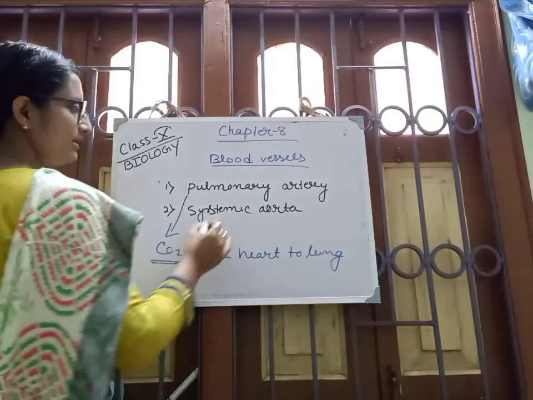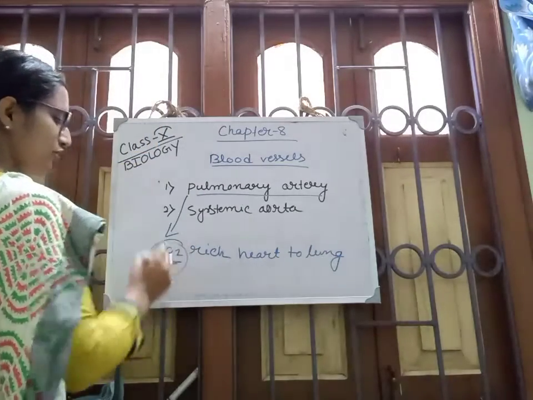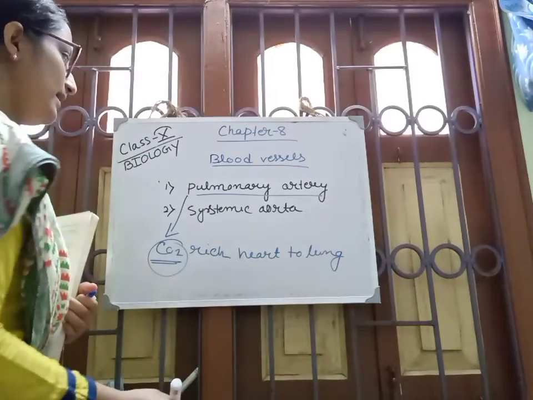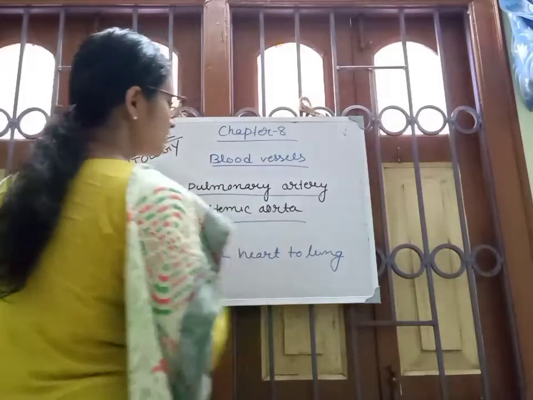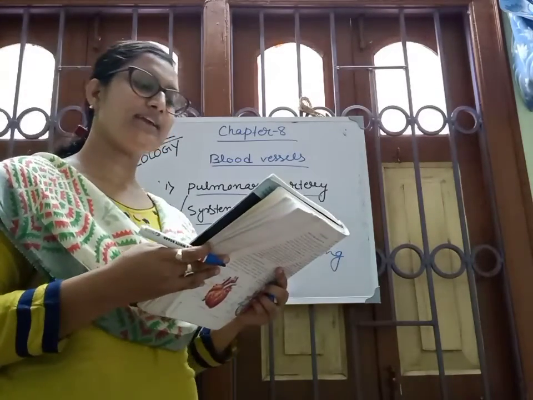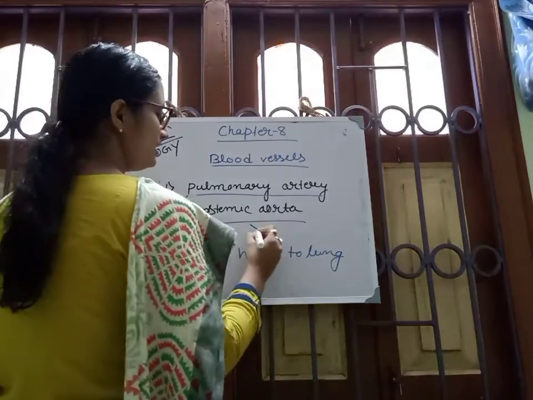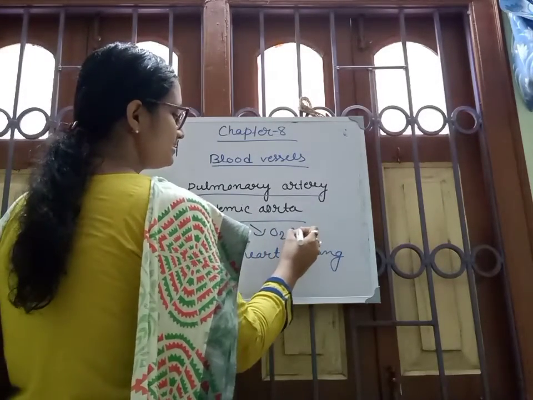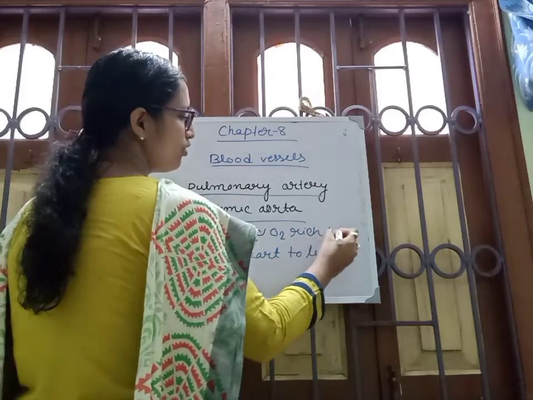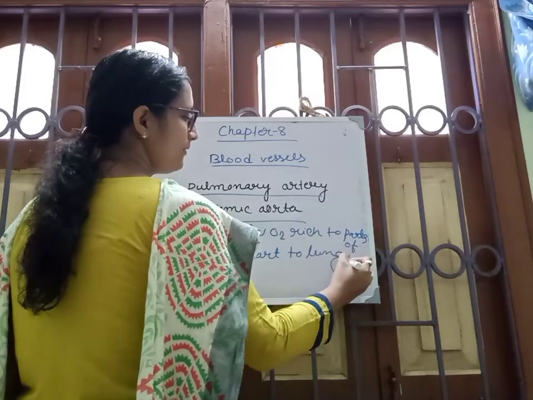This is the one type of artery in our body that carries deoxygenated blood. And the systemic aorta arises from the left ventricle and supplies oxygen rich blood to all parts of the body.